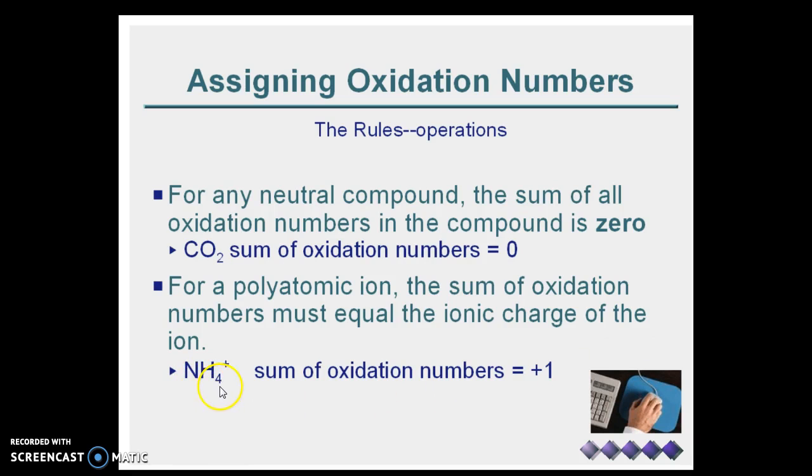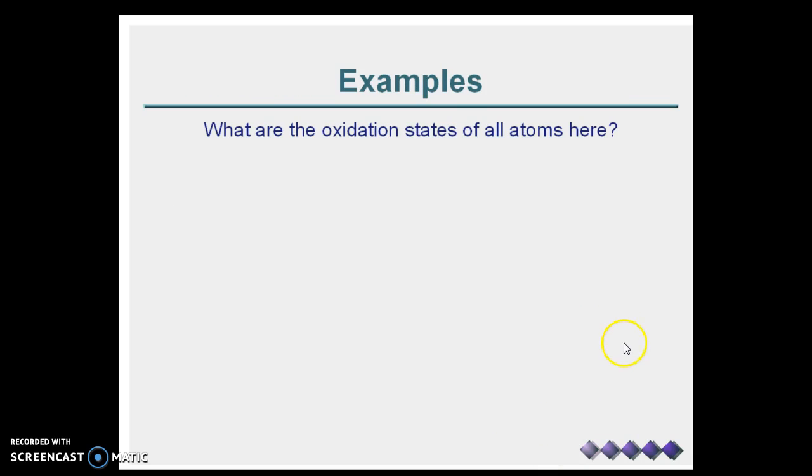So in the ammonium ion, the sum of oxidation numbers is the same as the charge, +1. And permanganate, the sum of oxidation numbers is -1. We'll see in a little bit that that's why we can assign a +7 to the manganese in permanganate. All right, let's look at some examples.